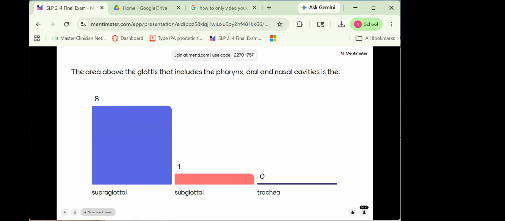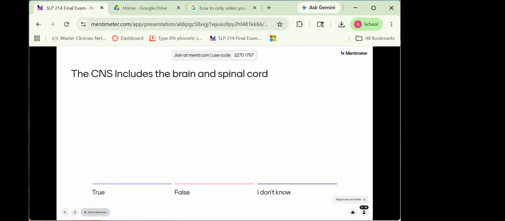So remembering that the area above is supra, sub is below, like submarine. True or false? The CNS includes the brain and spinal cord.